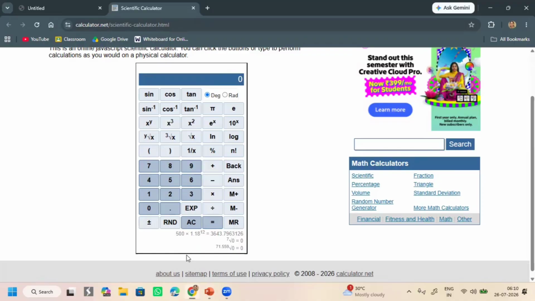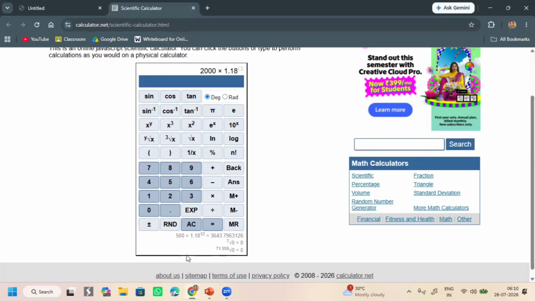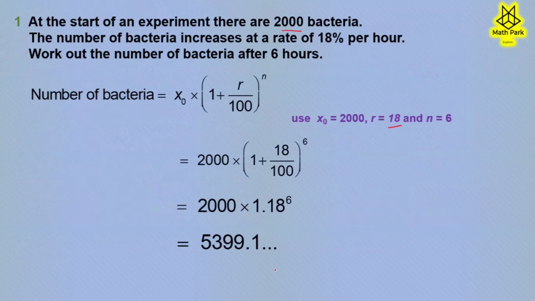Let us use our calculator. 2000 times 1.18 raised to 6, and we get 5399.10. Rounding to 3 significant figures, we get 5400 bacteria. So the number of bacteria which were 2000, after 6 hours, they become 5400. That is the fast growth. This is called exponential growth, quick growth.